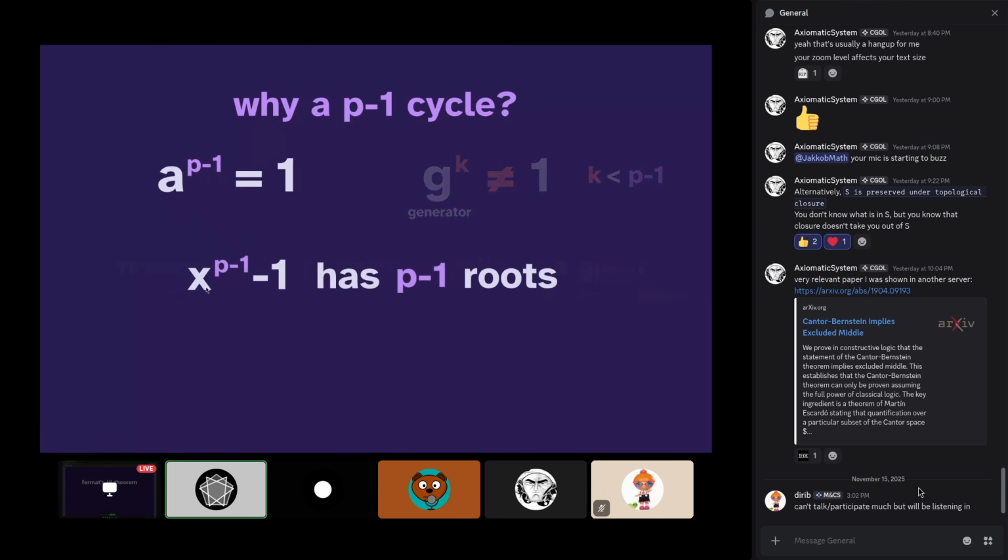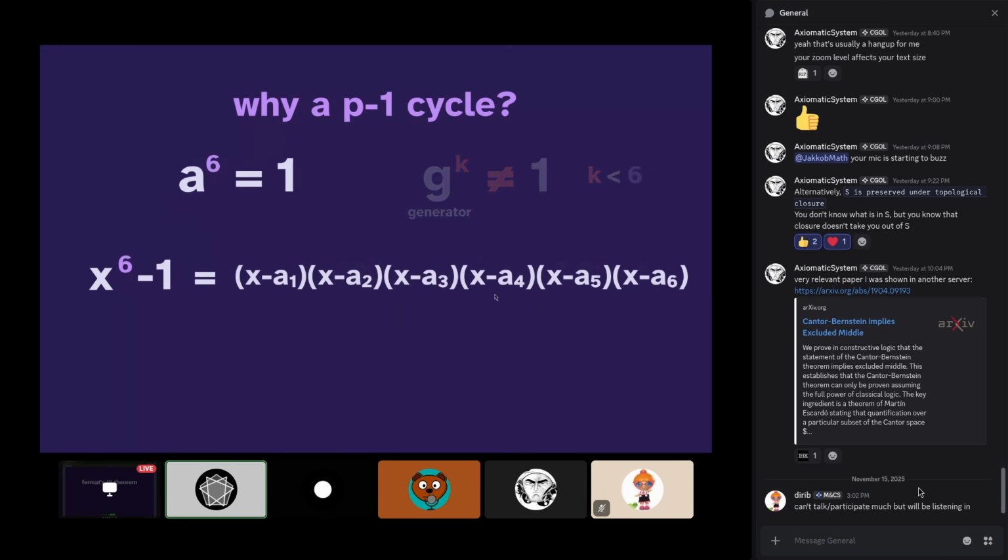So every single element is a root of this polynomial. And one of the nice things about this being a field is that we have factorization. Fields allow for factorization. So if you consider the 6th case, where we're using the prime 7, so this is 7 minus 1, then we can factor this using all of those roots.